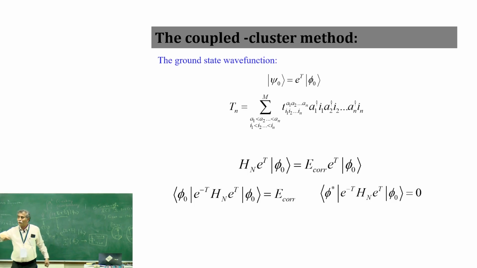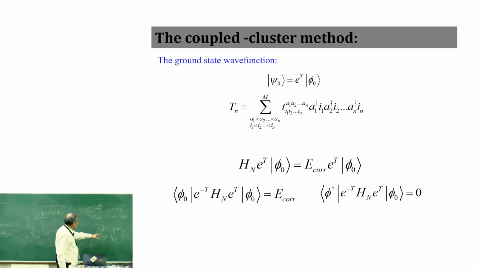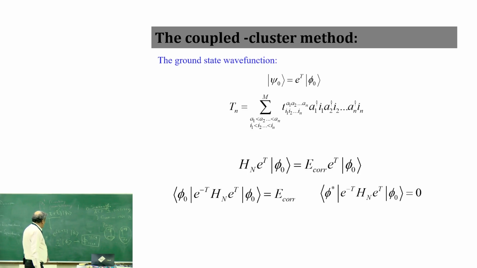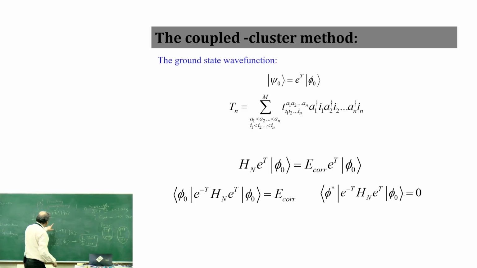It's a product of two T2, one on IJAB, another on KLCD, generating this configuration. Of course, there is a half here, but the half simply comes so that you don't do over counting. Because this is a sum over all IJ, this is also a sum over all KL, they are dummy indices, so you should not over count. So that is very simple, that half factor, and that also comes into the exponential in a very systematic manner.